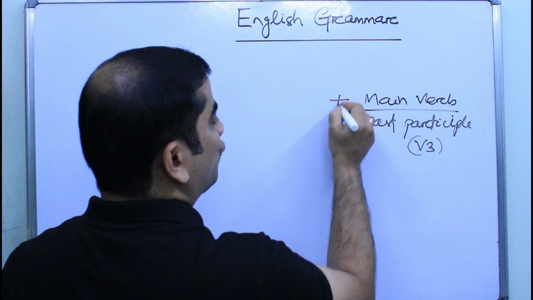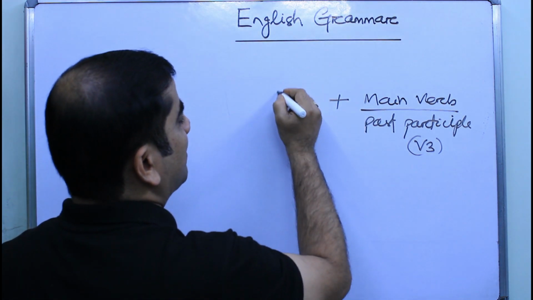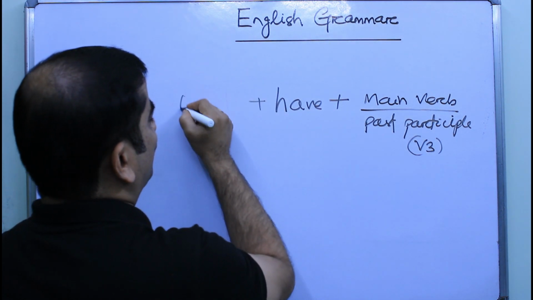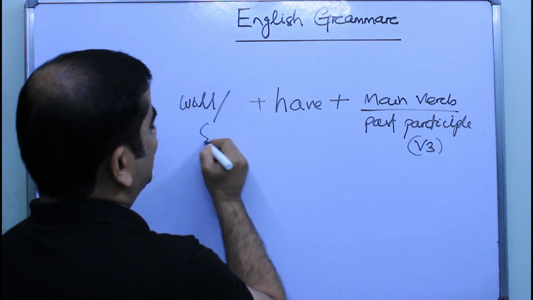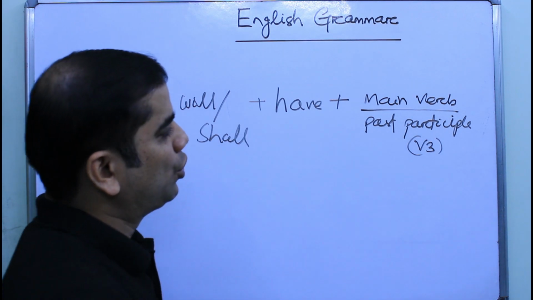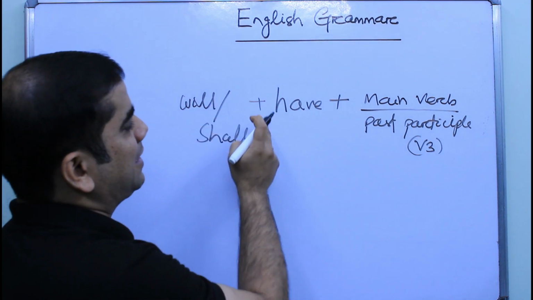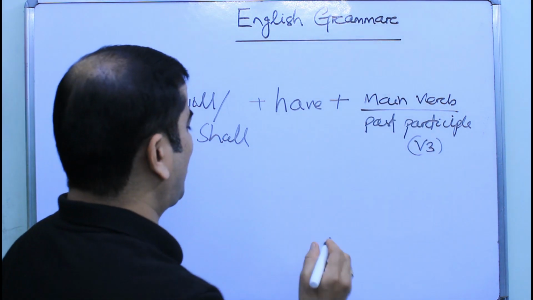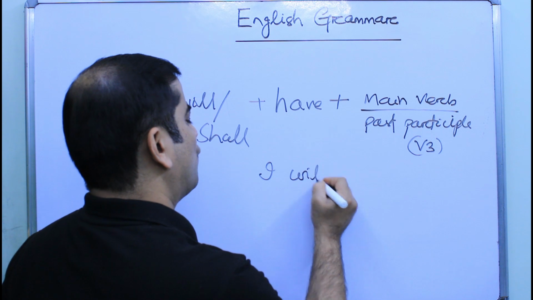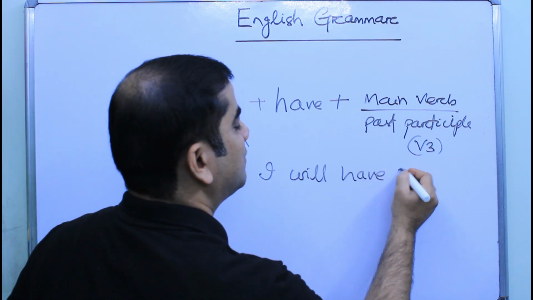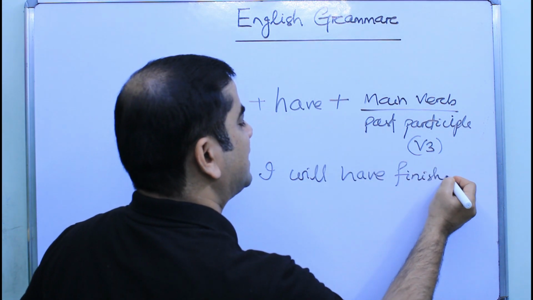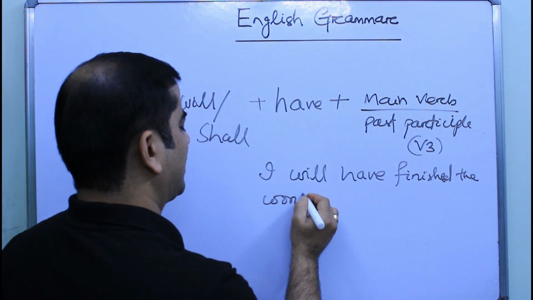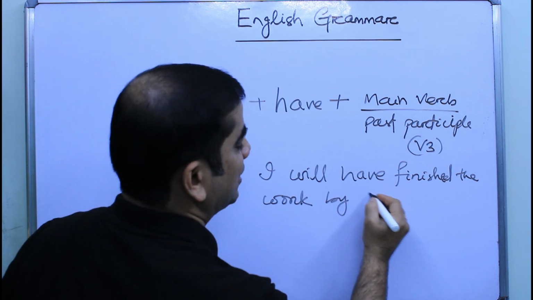Before that, we need to use the helping verb have, and before that either will or shall. So the formation will be will or shall, then have, then the main verb in its V3. For example, I will have finished the work by tomorrow.